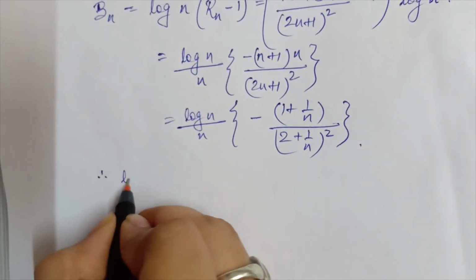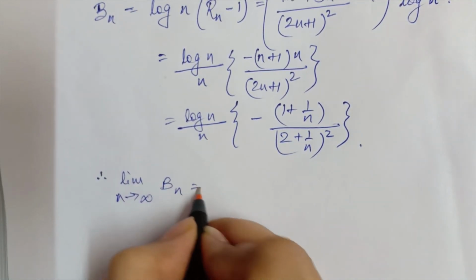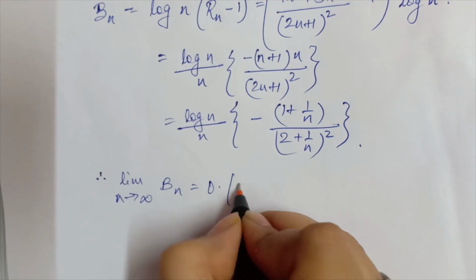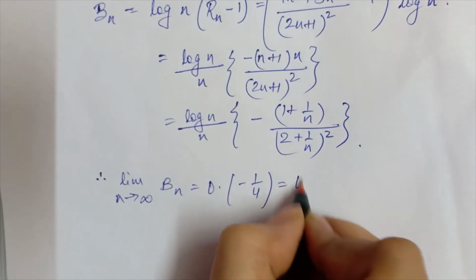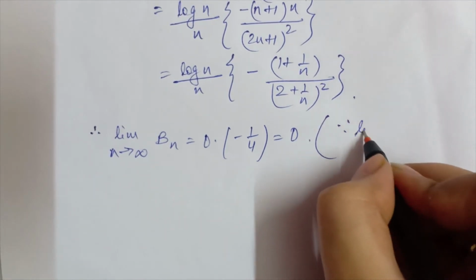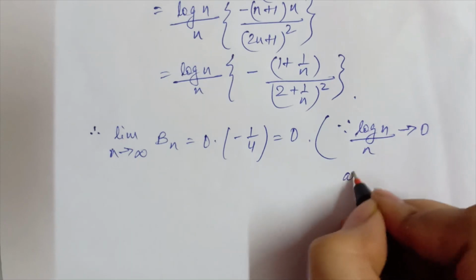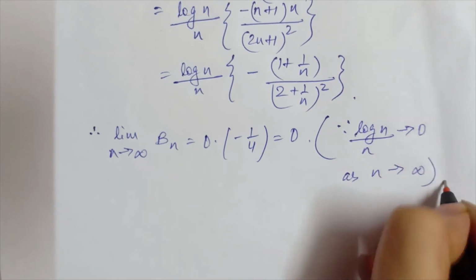Therefore, limit n tends to infinity, Bn equals 0 into minus 1 by 4, which equals 0, since log n by n tends to 0 as n tends to infinity.